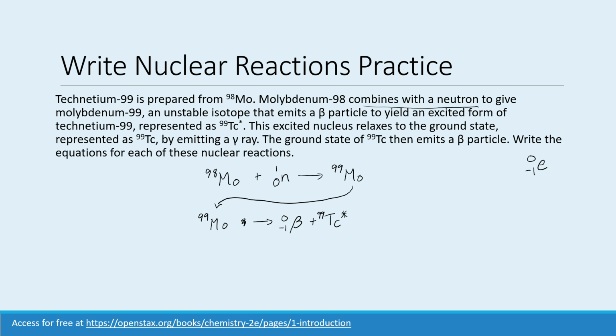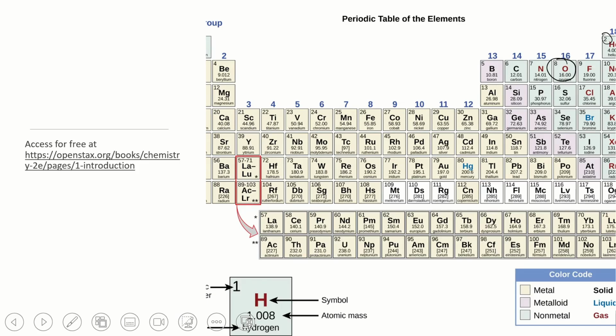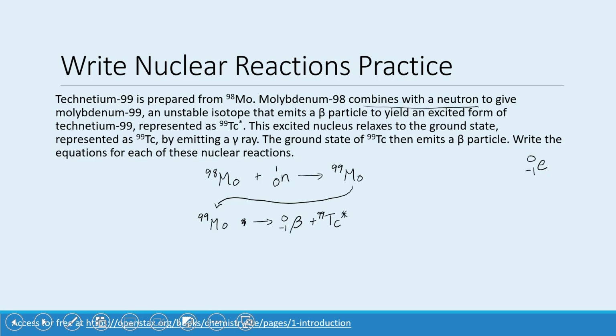Okay, now we can look on the periodic table to fill in the atomic numbers for those elements. We'll find molybdenum is number 42 and technetium is number 43. So we can fill in the atomic number for molybdenum at 42 and technetium at 43.